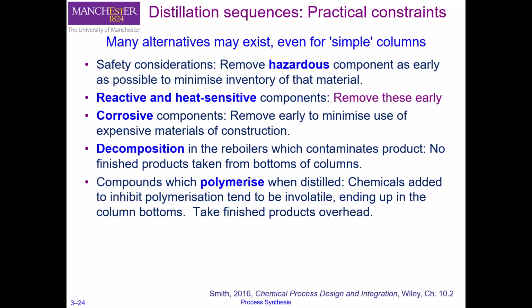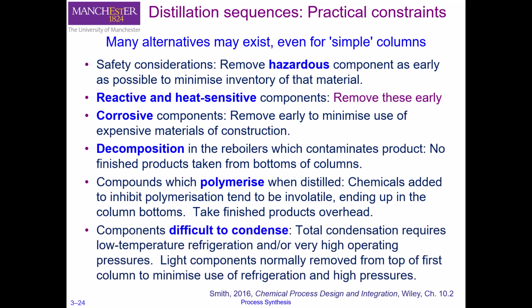The fifth point to consider is that if we have compounds which polymerize, it is common to add a polymerization inhibitor to the column. Again, we don't want the inhibitor to contaminate our product, and that is why we remove our desired product from the top of the column, not the bottom.